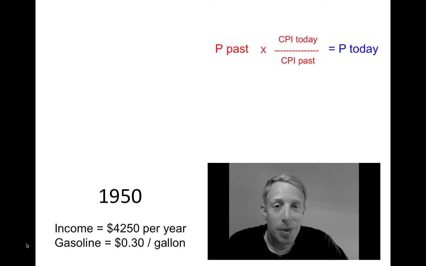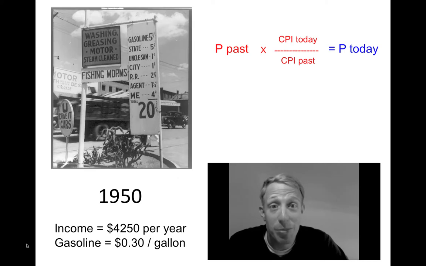For instance, if you look at the picture here to my left, you see that prices of gasoline used to be a lot cheaper. As I said, in 1950, the average price of a gallon of gasoline was about 30 cents a gallon. So let's see if we're really paying that much more than they were in 1950 once we adjust for inflation.